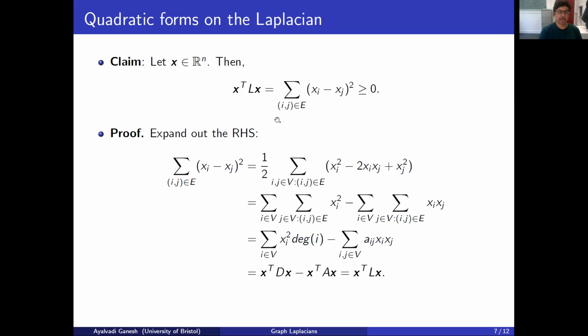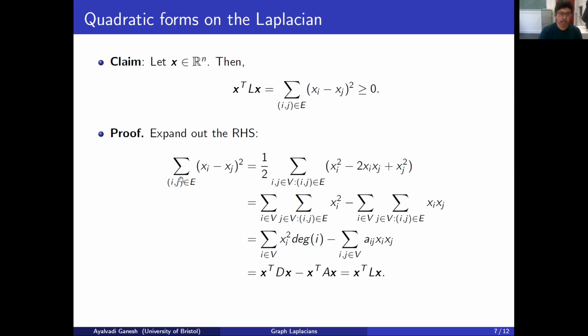The proof is just a bit of straightforward calculation. So let's start with the right-hand side and expand it out. I've rewritten the sum over edges as the sum over pairs of vertices ij such that there's an edge between i and j. So where did this half come from? This is just notation.